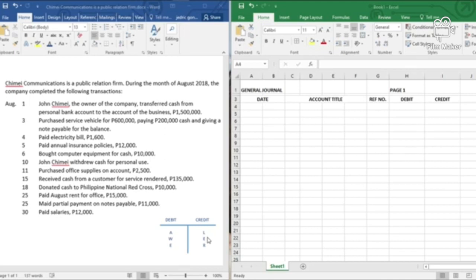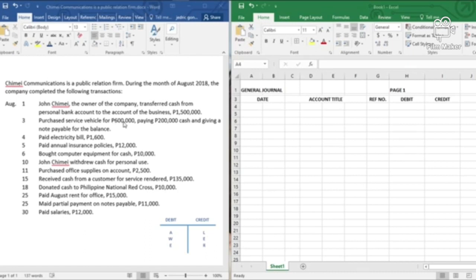Aside from that, remember that journal entries have a minimum of 2 entries. So, what it means is, kapag nag-debit ka, make sure na may kine-credit ka. And then, also, your debit amount should always be equal with the credit amount.